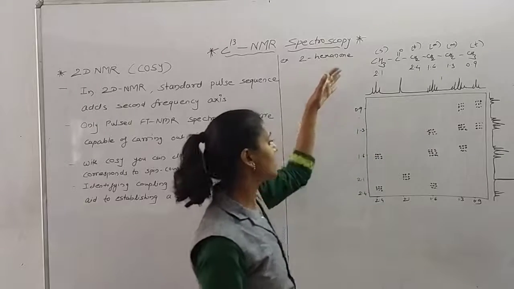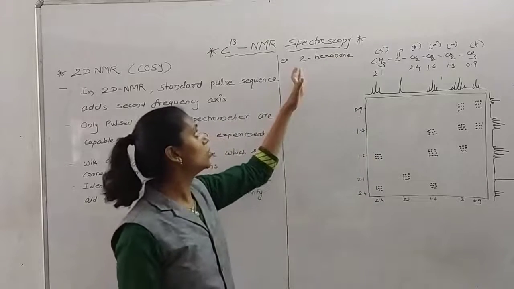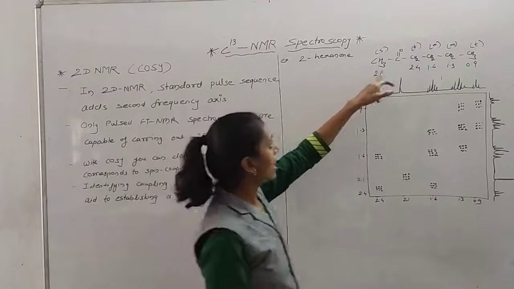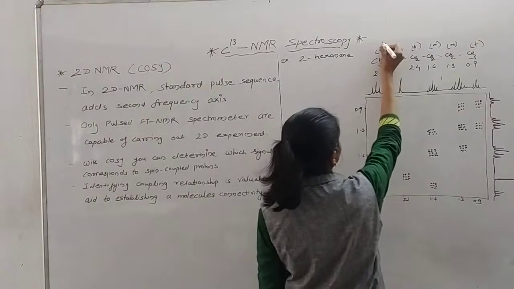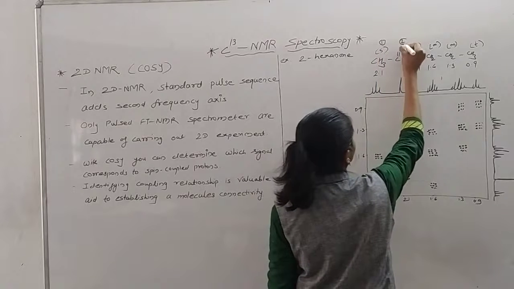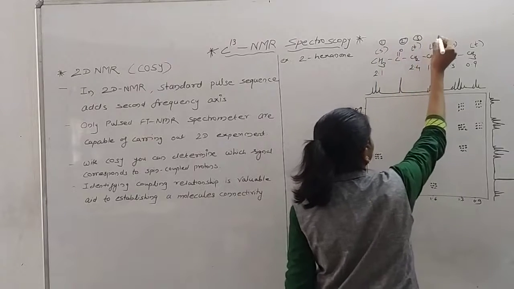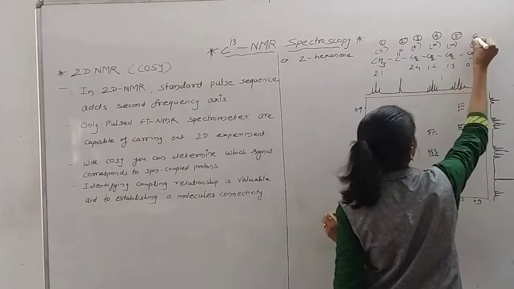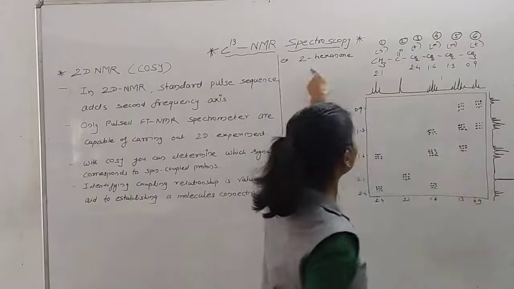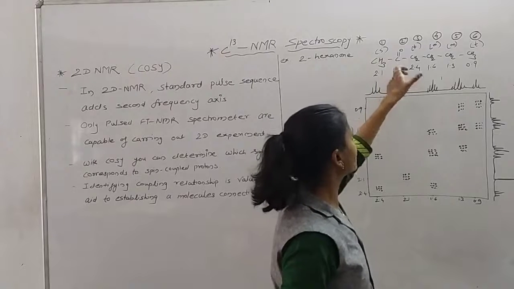Here I have taken one example, which is 2-hexanone. If I give numbering to the carbon atoms, this CH3 is first, this carbon is second, CH2 third, fourth, fifth and sixth. It's 2-hexanone; at the second position there is a carbonyl group.